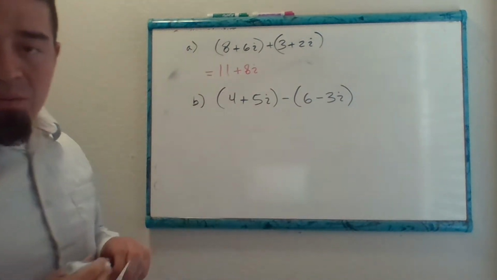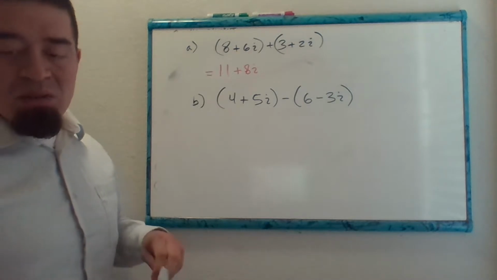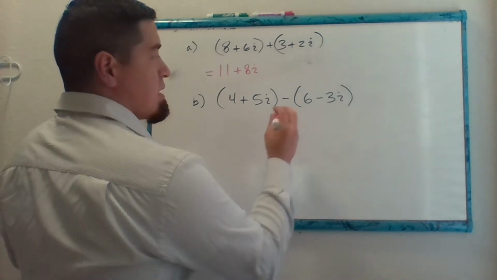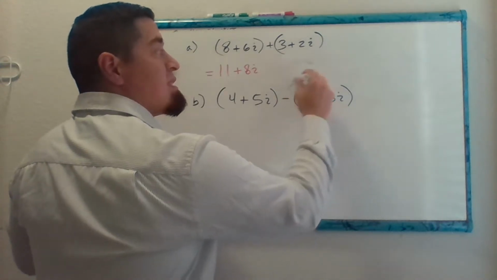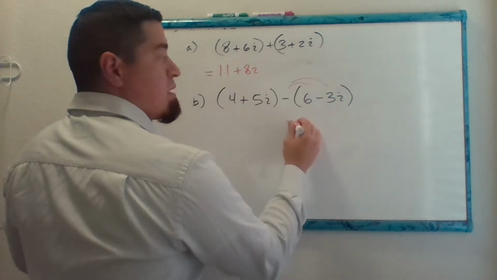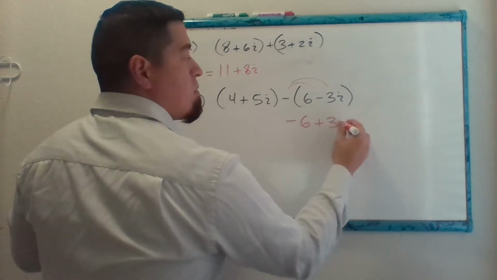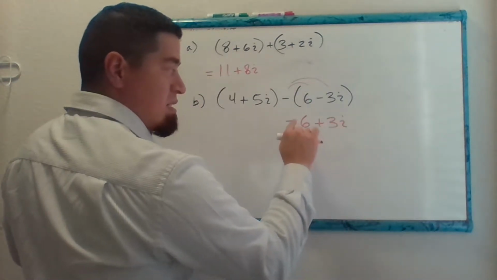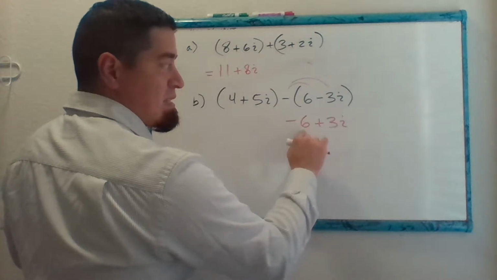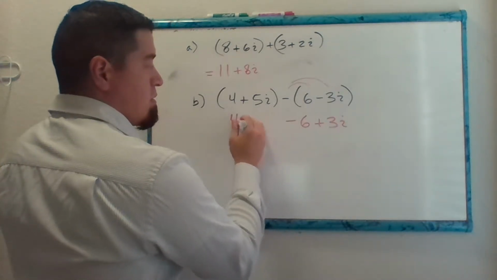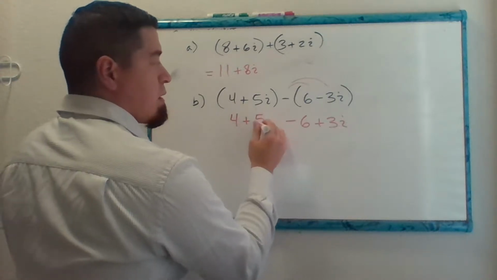In fact, I would take an extra step here to make this a lot easier and to make sure you don't make mistakes. You need to distribute this negative. So this becomes -6 and that becomes positive 3i. What a lot of students end up doing is they just subtract 6 and not change the 3i. And then of course you're just going to bring this down.